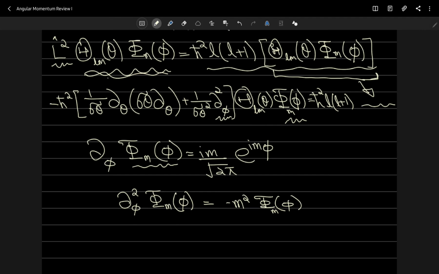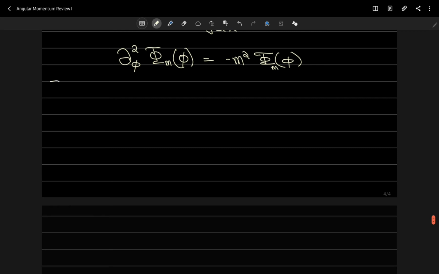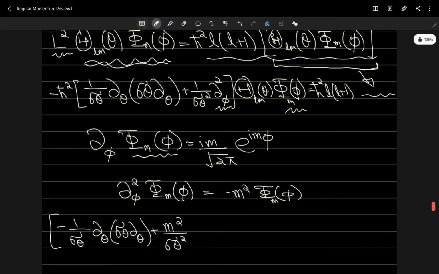So from here, we can rewrite the equation as negative 1 over sine theta, partial derivative with respect to theta of sine theta times the partial derivative with respect to theta, plus m squared over sine squared theta. Again, I'm just writing this equation by putting the value of this derivative in here.